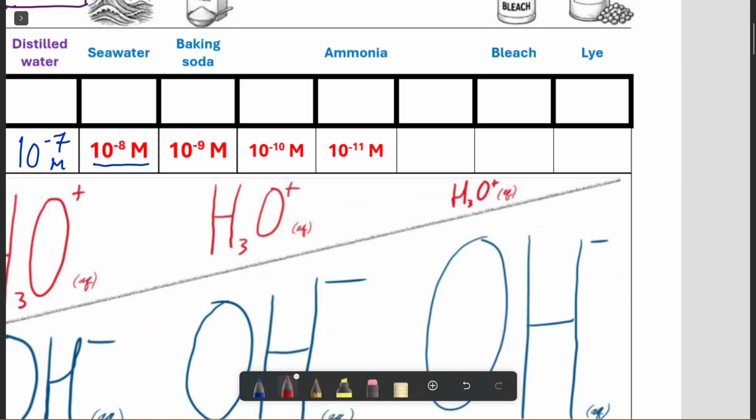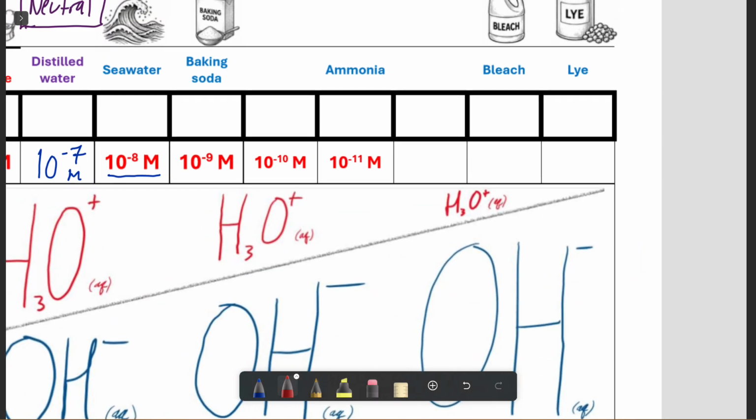If we go all the way up to the top, I can get really small amounts of H3O inside of things like ammonia, and then you get to 10 to the negative 12 M. Bleach has about 10 to the negative 13 molar, and lye has about 10 to the negative 14 molar.